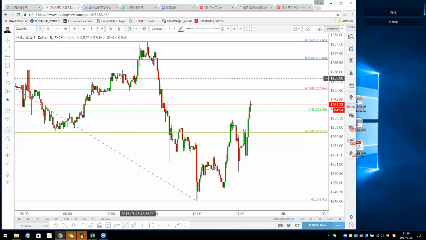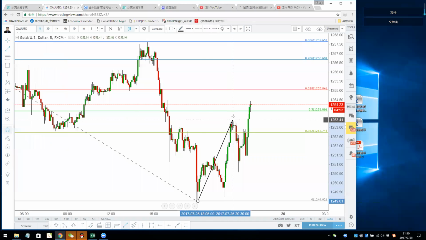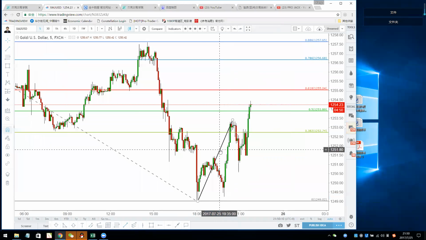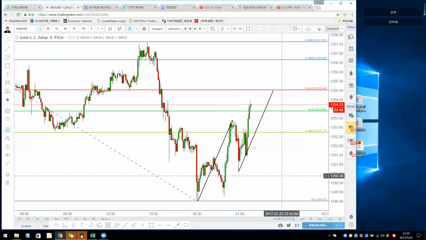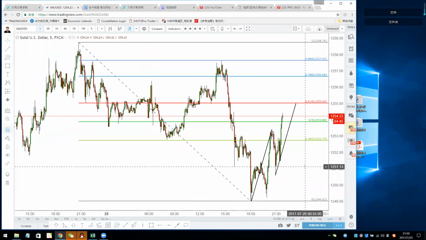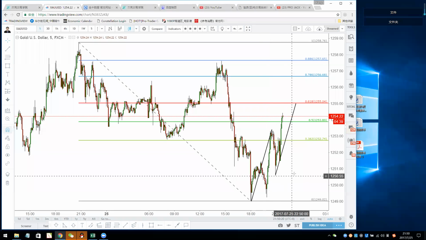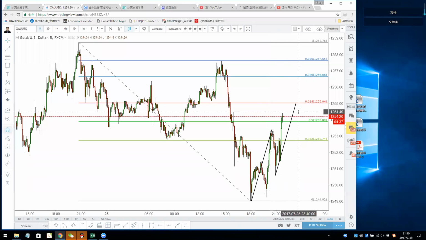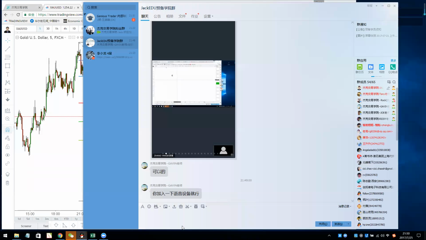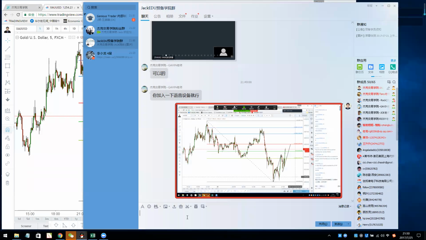Another way you can measure your target is to use these ABCD patterns, which also touch 1255. So you can take profit for your long, because you already have a very nice 50 pip move. That's a very quick move for today.